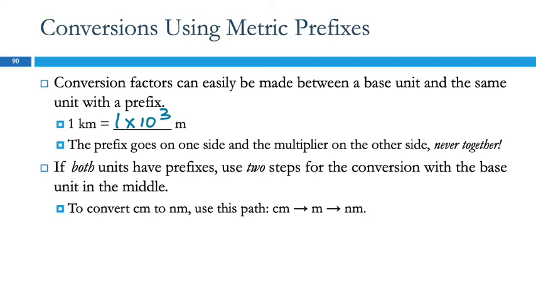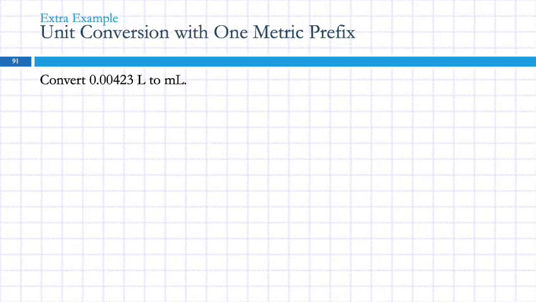It says 2 steps, microseconds to seconds to milliseconds. You have to do it that way on this page. It's not the only way to do it, but I want you to do it my way on the page. For time's sake, I'm going to skip that one because we've already done some like that.